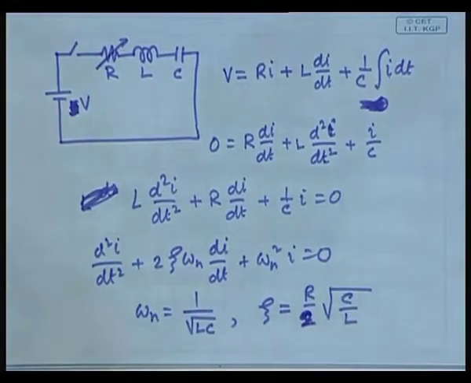When it becomes overdamped, you can still write down the time constant, clear. You can at that time write down the time constant, because it will then be an exponential solution.